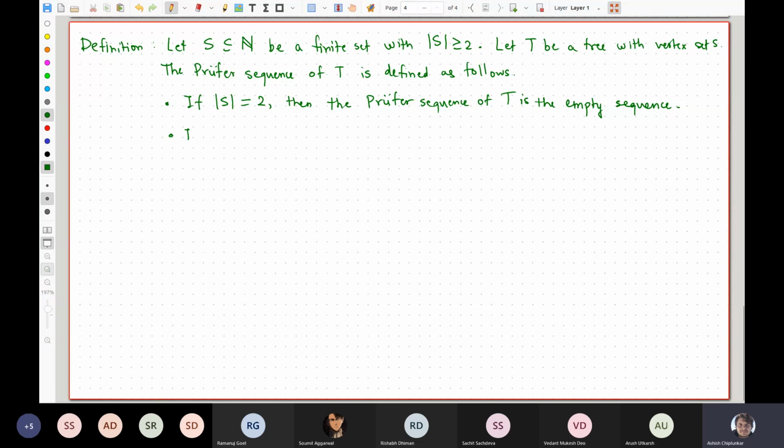So this is the inductive definition. Size of S is greater than 2. What do we do?